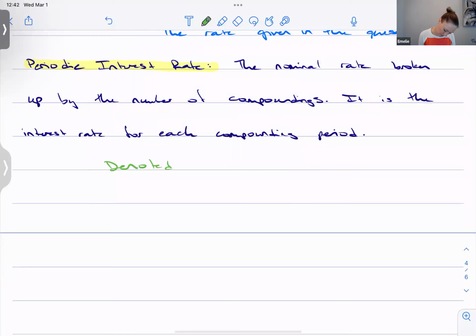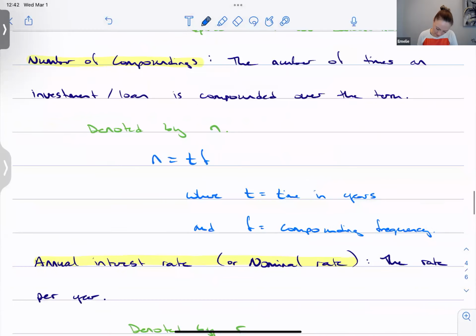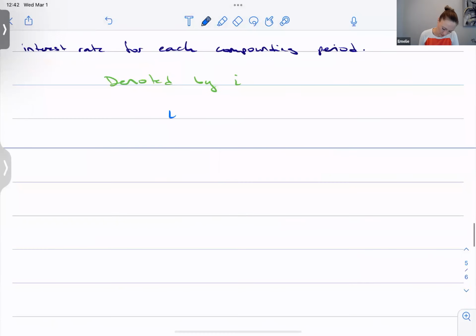It's going to be denoted by I, lowercase I. You're going to calculate it. If the rate is 12% and you're compounding monthly, how much do you get each month?